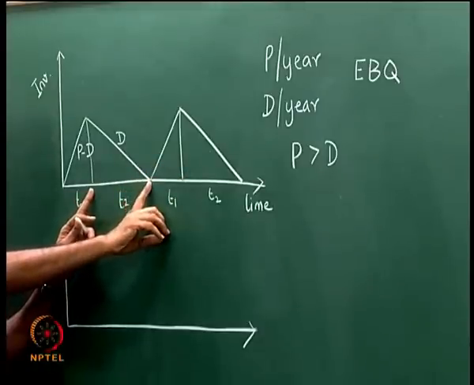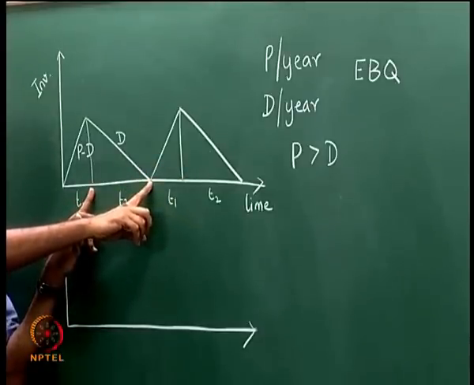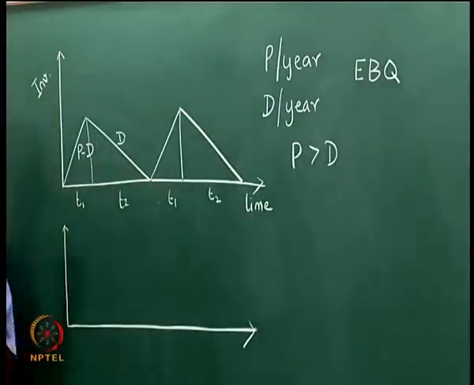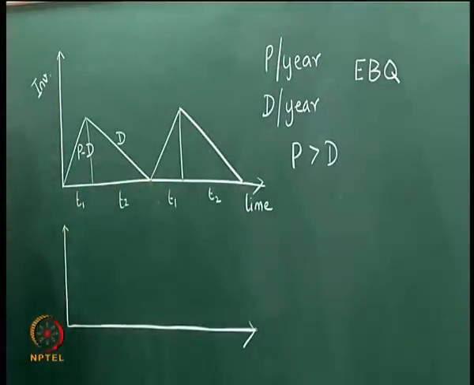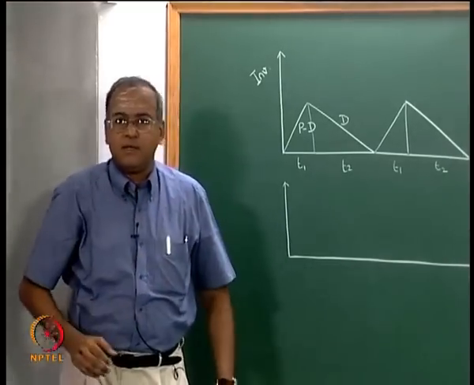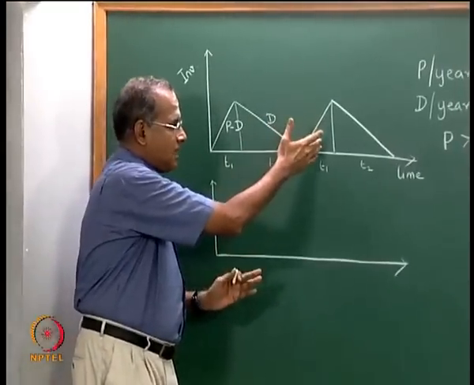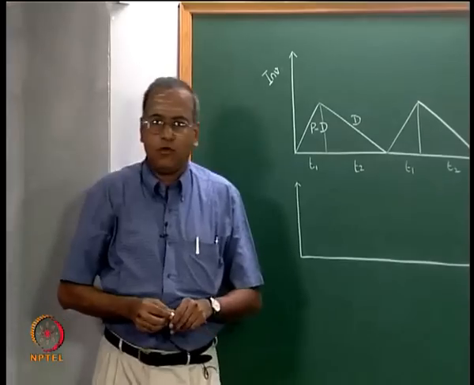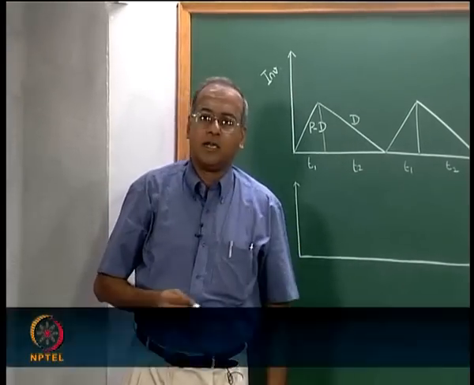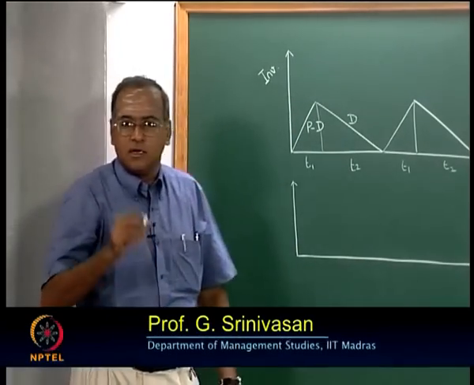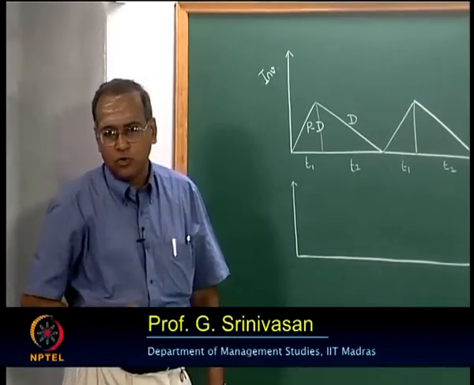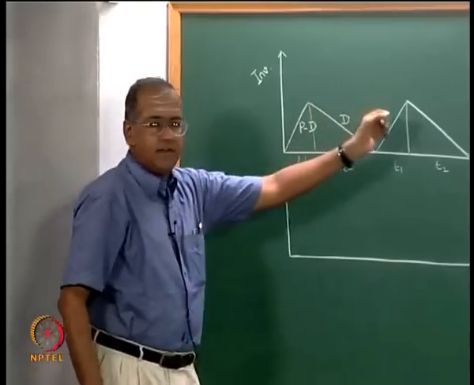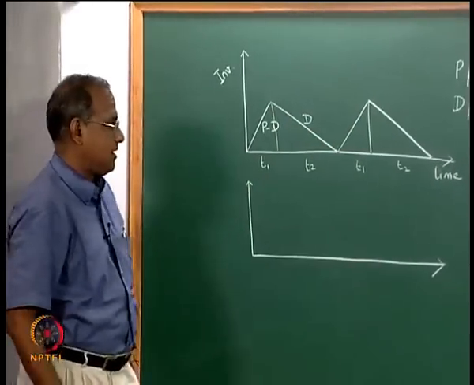So, in some sense the facility is not busy with respect to this item for this period T2, and if we assume that the facility will be used to produce some other item, then while coming back to this item at this point in time we need to change over, and therefore there is a changeover cost or a setup cost which was denoted by C naught to be consistent with the earlier notation. So, we derived expressions for the economic batch quantity.